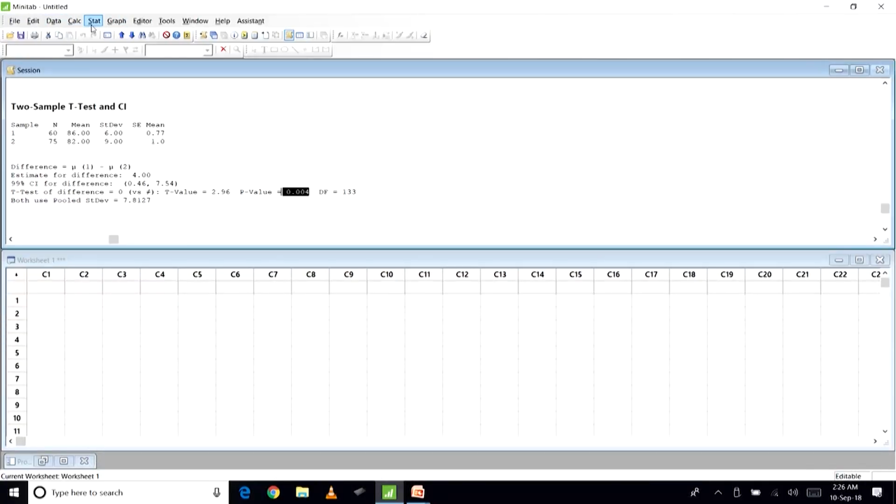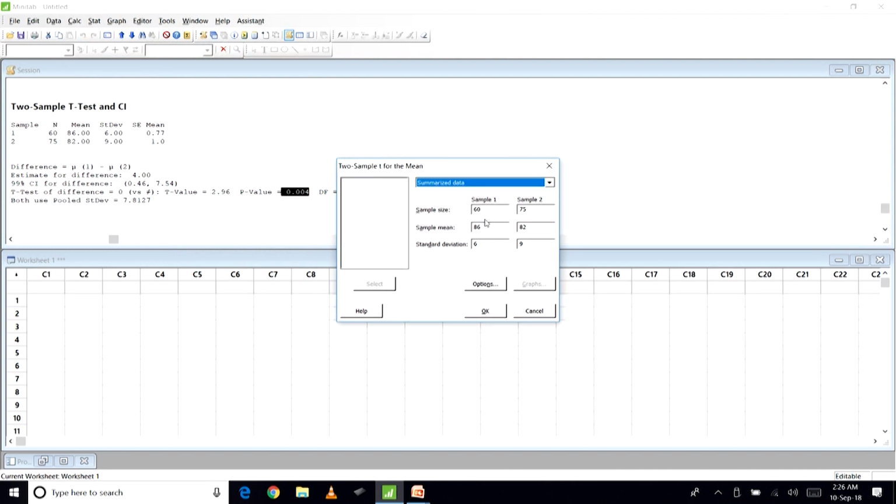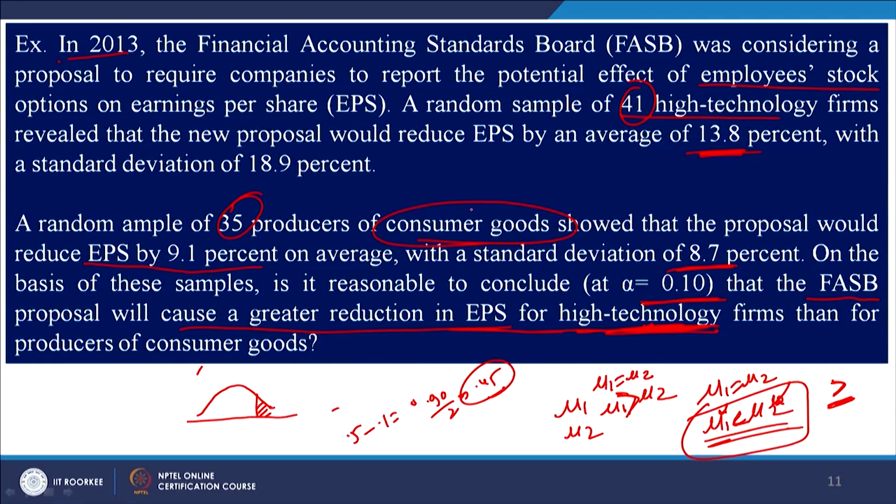So, we will go to Stat first, Basic Statistics, then 2 Sample t test, and we will enter data. Let us look at our data. For sample 1, you have got 41, 13.8 and 18.9.